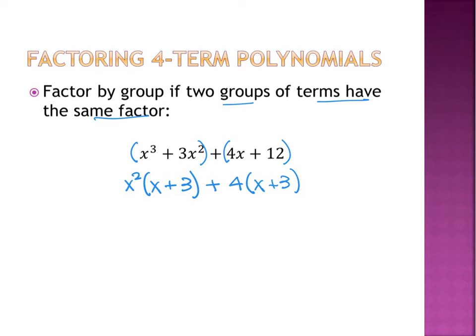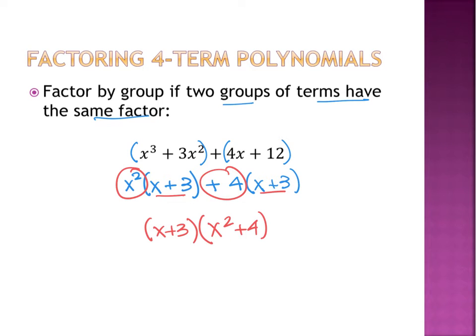What I'm going to do is pull out the common factor in both groups, which is the x plus 3. And then my other factor is going to be everything that is left over. So notice I have an x squared plus 4. I'm going to do one final double check and make sure I can't factor anything out of x plus 3, and I cannot factor anything out of x squared plus 4.